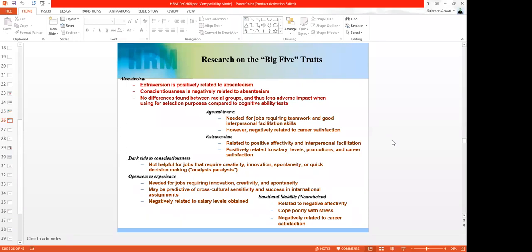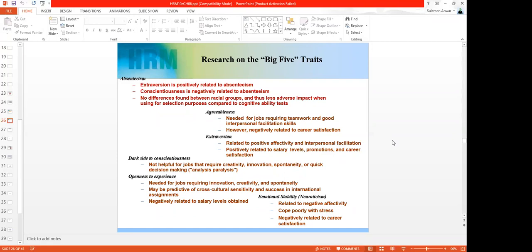What can that be? It is not helpful for jobs that require creativity, innovation, spontaneity, or quick decision making, which would also be termed analysis paralysis. Okay, that analysis paralysis is taken up as the dark side of conscientiousness. All right. Now, openness to experience, that is another phenomenon.